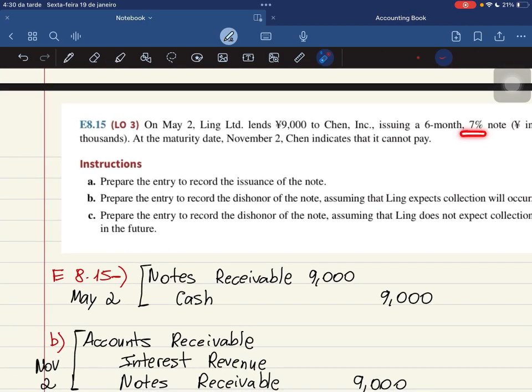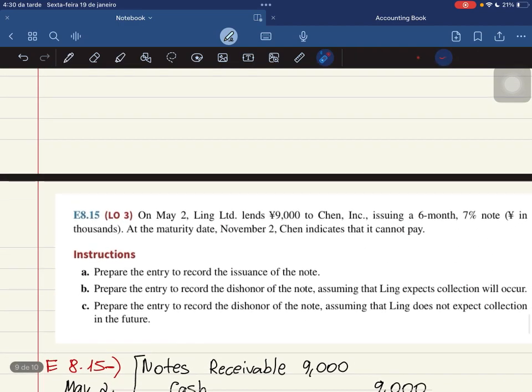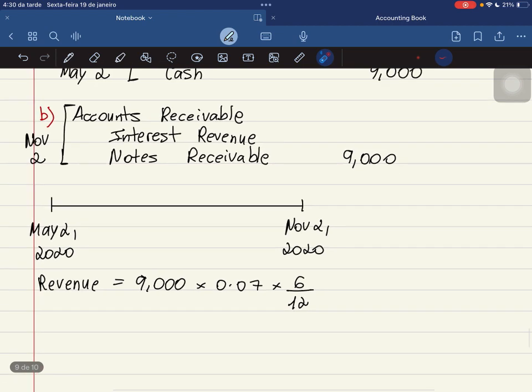It was 7%. 7% times 6 divided by 12. Again, you see, even though it is a 6-month note, we're still going to have 12 here because this number does not change. Okay, that is 315. Adding these numbers up, we're going to have accounts receivable of 9,315.